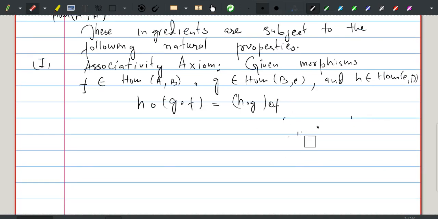Now there is one more axiom, that is the axiom of identity, or the identity axiom.